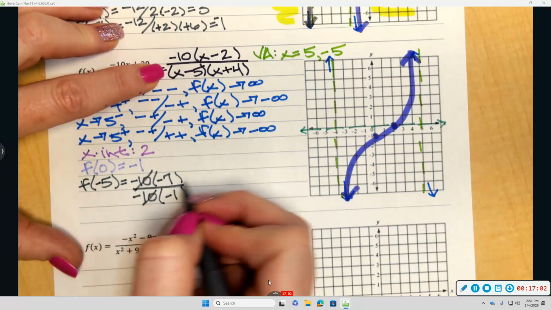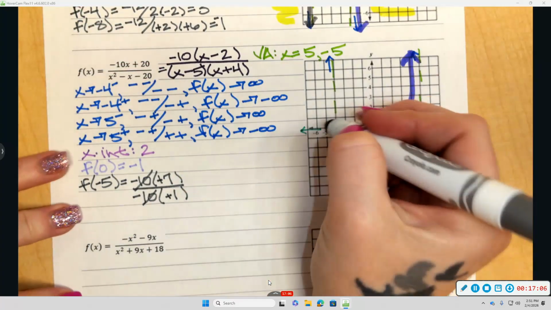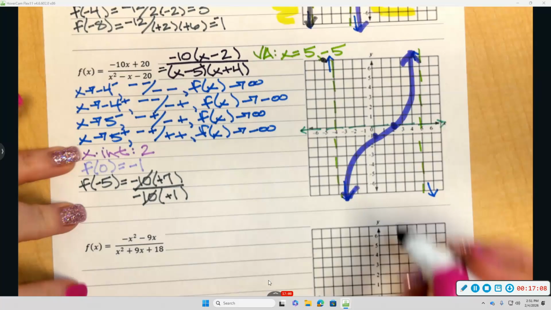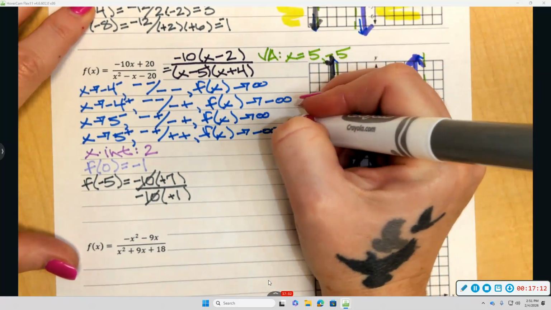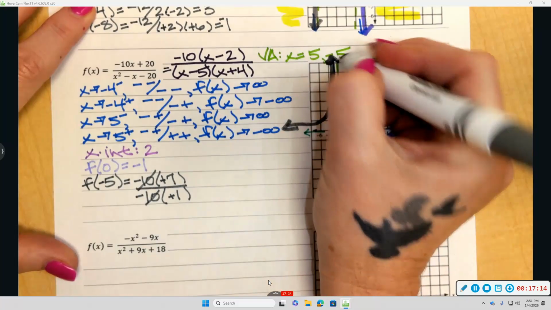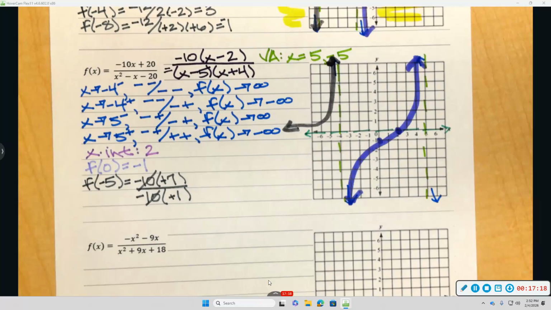My negative 10s go and I get a positive 7. So negative 5, 7, which is not surprising, right? Because we expected that to go up. We know we don't cross the x-axis again because we don't have any other x-intercepts, right?